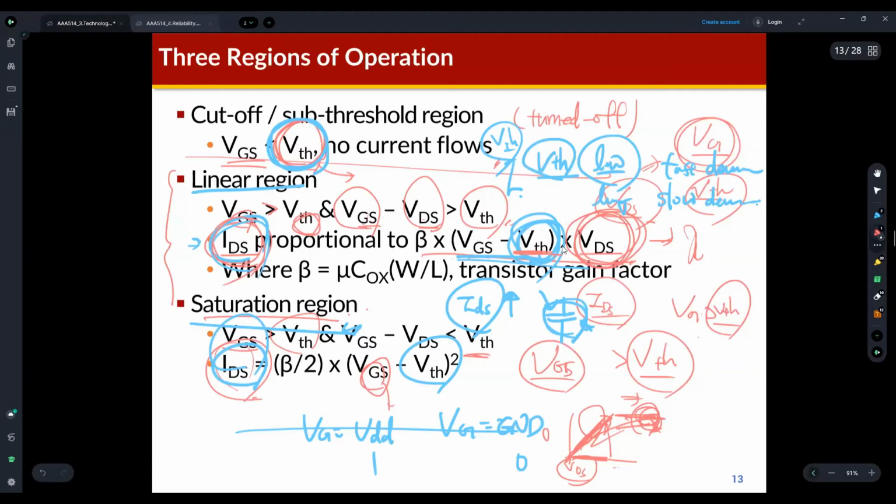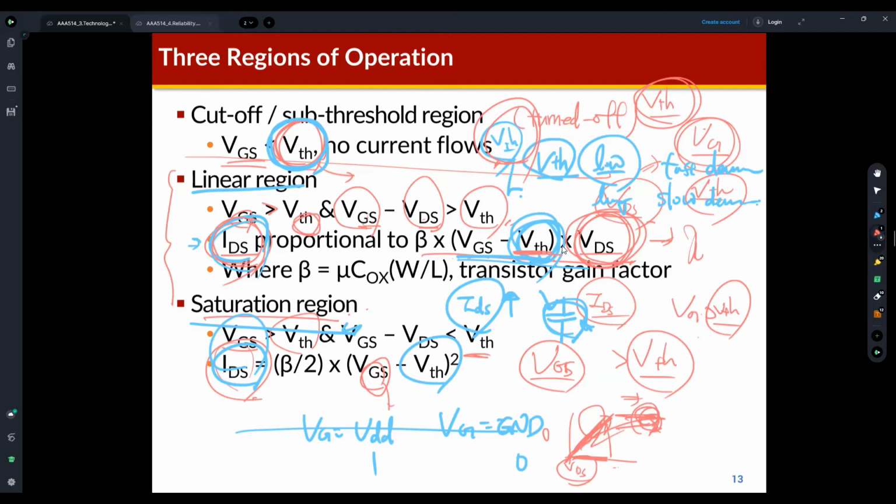But why do I explain this? Actually, the static power is also influenced by the threshold voltage. Currently, as the technology changes, we need to focus on different factors.